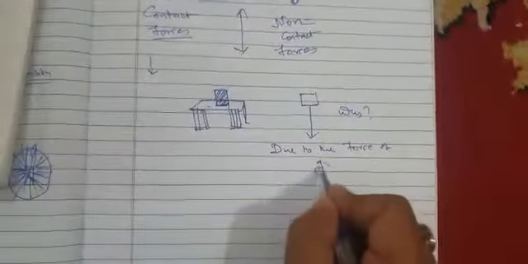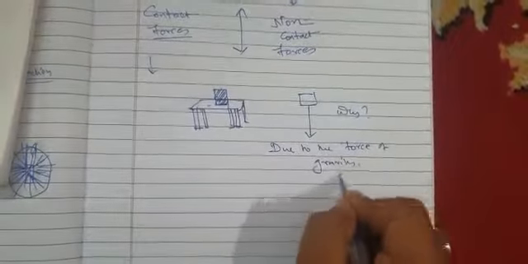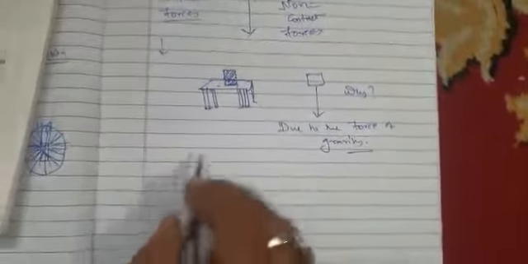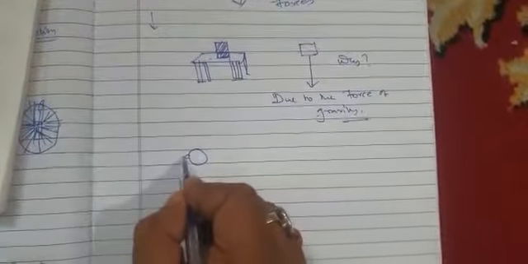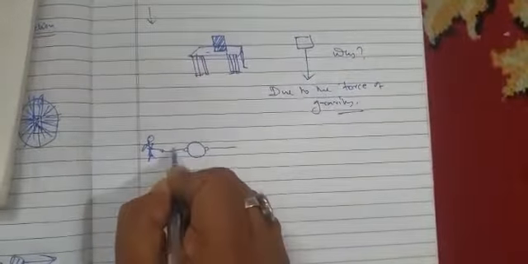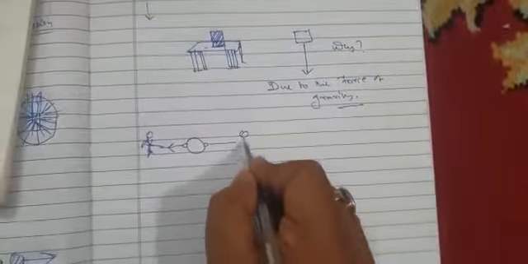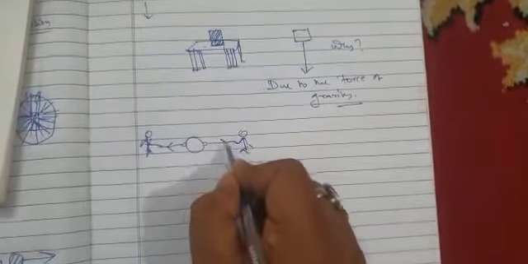Force of gravity. Now, suppose for example, there is a ball, and attached to the ball is a rope. Suppose one boy is here, pulling the ball this side. Another boy is here, pulling the ball this side.